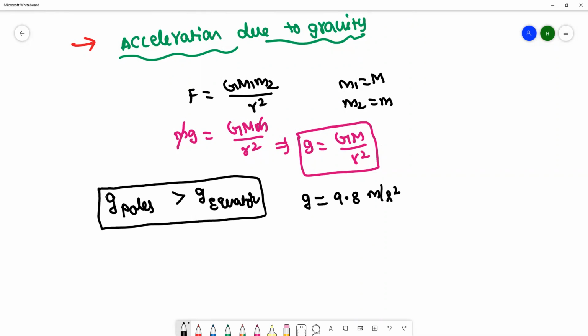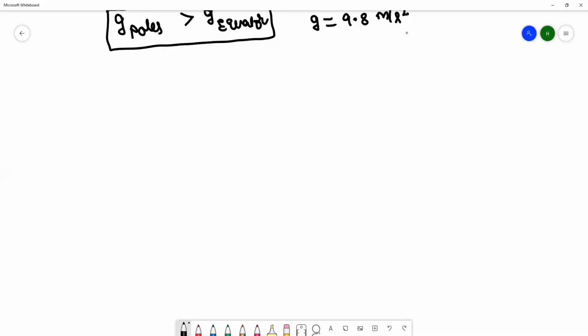square. Now, how is this g value going to vary? The g value will vary by the height and the depth.